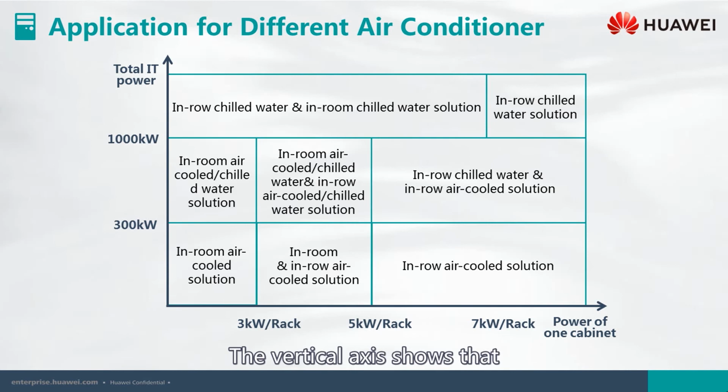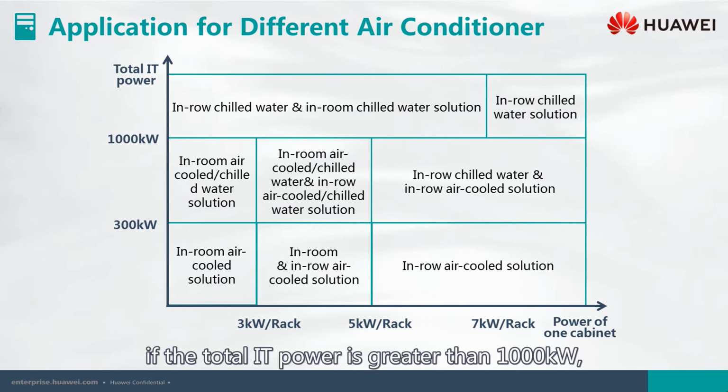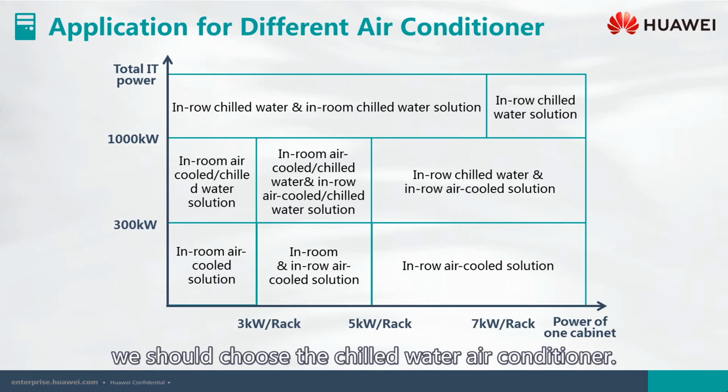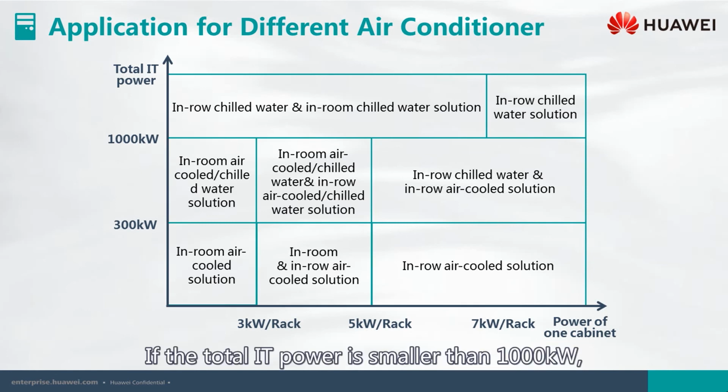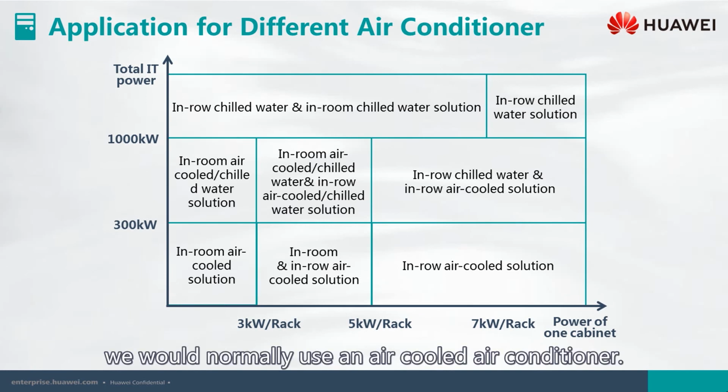The vertical axis shows that if the total IT power is greater than 1,000 kilowatts, we should choose the chilled water air conditioner. If the total IT power is smaller than 1,000 kilowatts, we would normally use an air-cooled air conditioner.